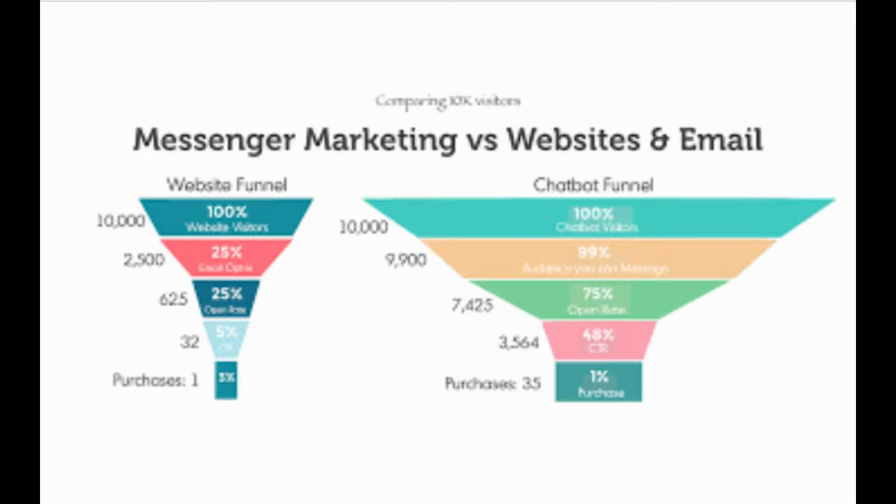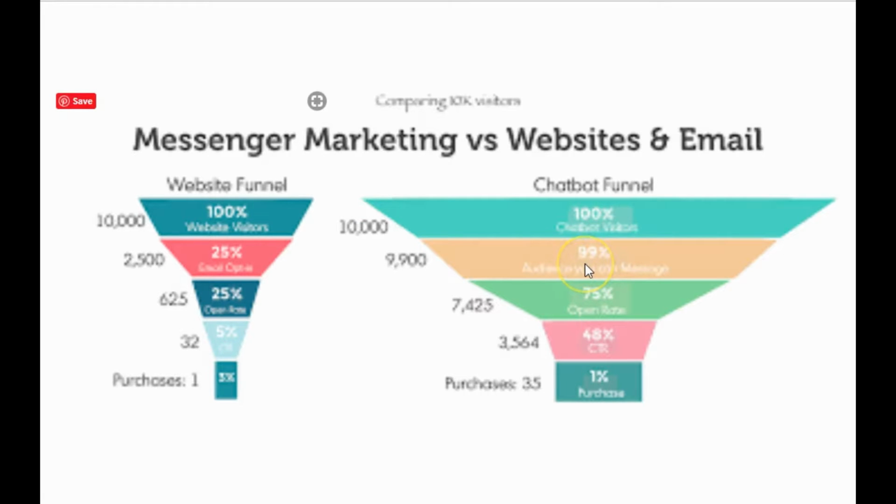This is a comparison of numbers for 10,000 visitors, because chatbot is very new and people don't understand what it is. When you send messages, that pop-up comes on their messenger platform, and they think their friend might have sent the message. That is why the open rates are very high in chatbots. Initially it's 99%, which you might not see.